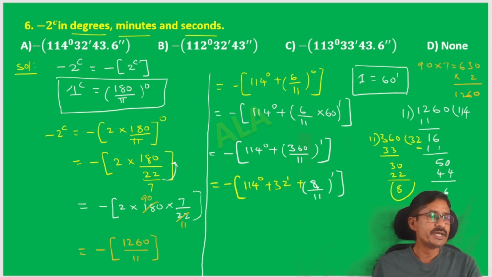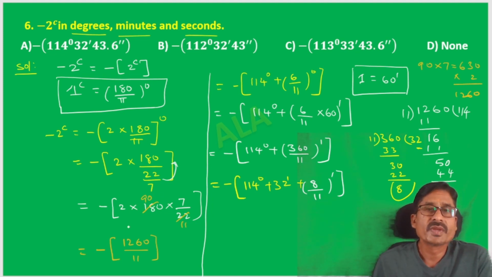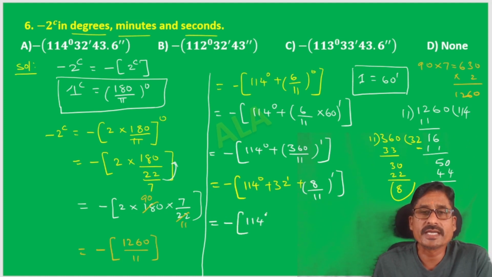Next what we do, 8 by 11 minutes convert into seconds. So 1 minute is equal to how many seconds? 60. Then what we write, that is equal to minus of 114 degrees plus 32 minutes plus 8 by 11 into 60 seconds.